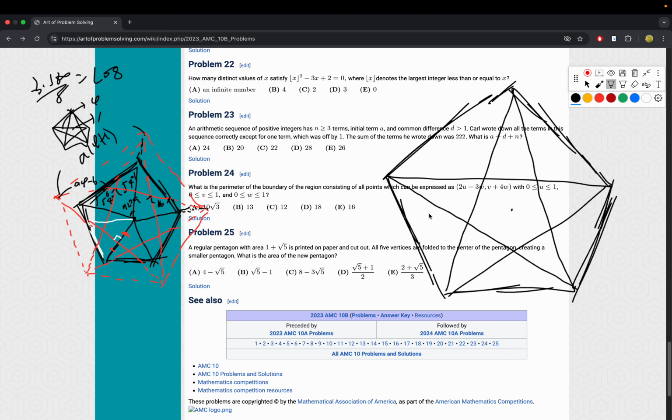So we have a pentagon here. Now I'll just draw it again based on the drawing. So we have a pentagon like this. And then when we fold this one, we should get the one here.